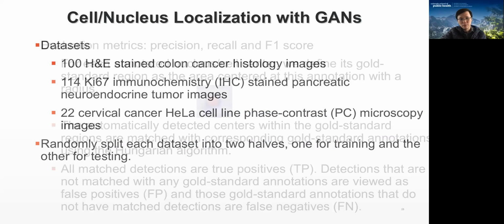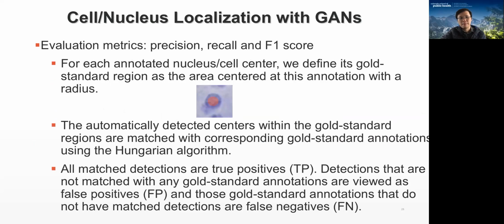Before we show the results, I would like to discuss the metric we use for the model evaluation. This is different from image classification, where it is very straightforward to define true positive or false negative, because you just check whether the predicted label is correct or not.